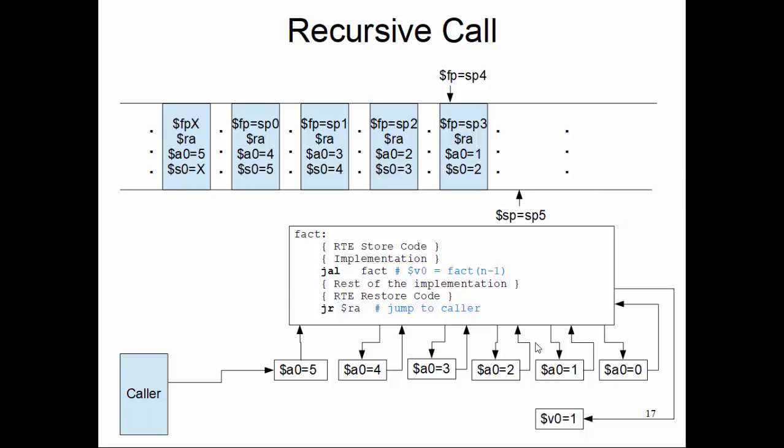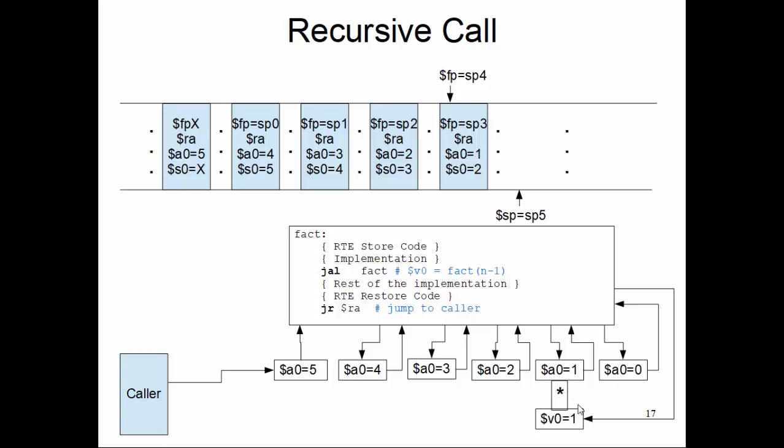Your A0 is restored back, so A0 is 1, 1 multiplied by 1 is 1, so it returns from this point, pops the frame, returns V0 as 1, then you restore the A0 value, multiply it with 2, then you pop the frame, okay, that is restored the frame, right?